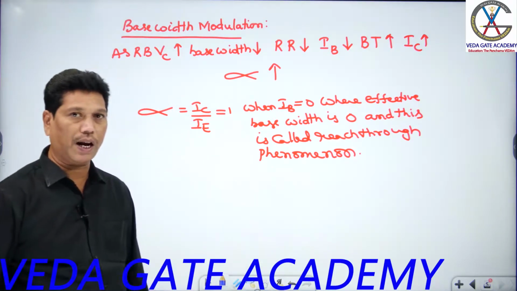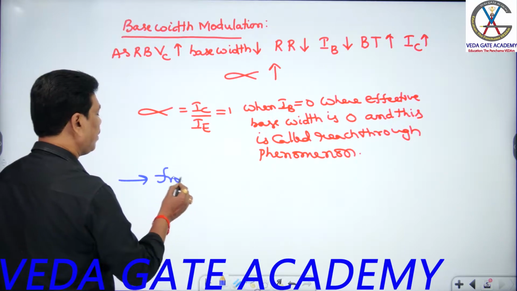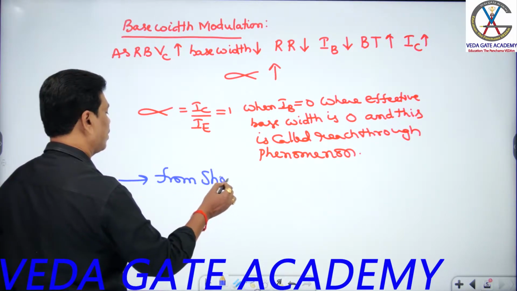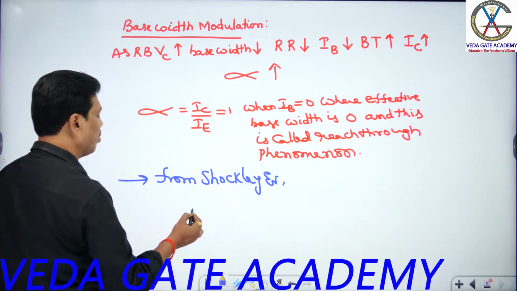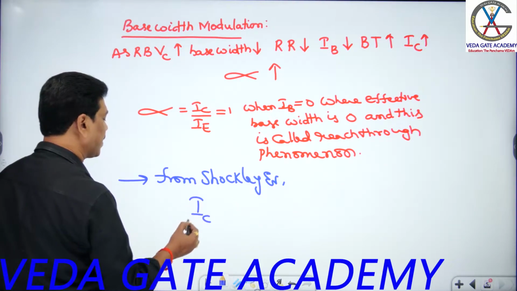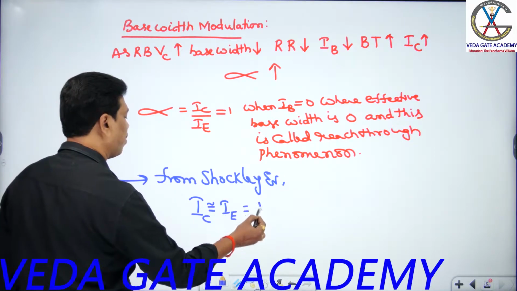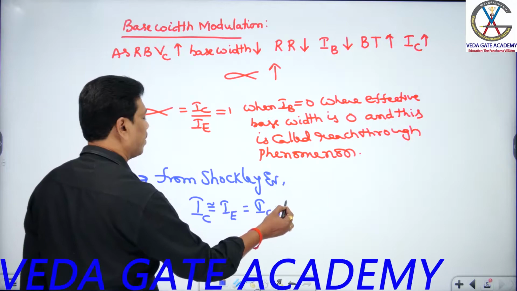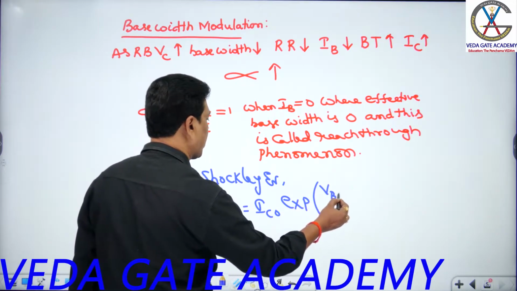The expression for collector current you can take from the Shockley equation. IC, which is close to IE, equals IC naught into exponential of VEB or VBE by VT, students.